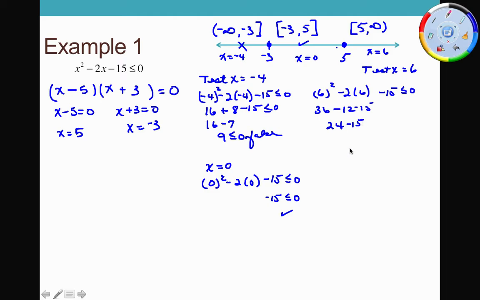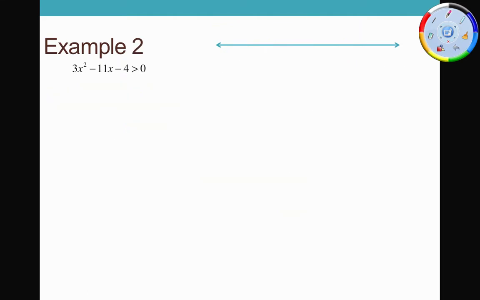So I have 24 minus 15 should give me a 9, which is not less than or equal to 0, so no value in that third interval will work. This is the only interval that works, so then our solution will be from negative 3 to 5, closed in with brackets, and again because of the equal sign here. So we've solved our first quadratic inequality.